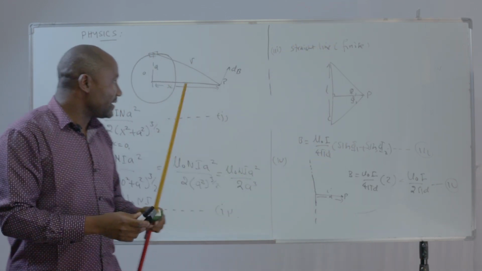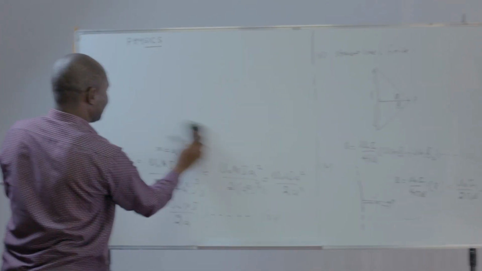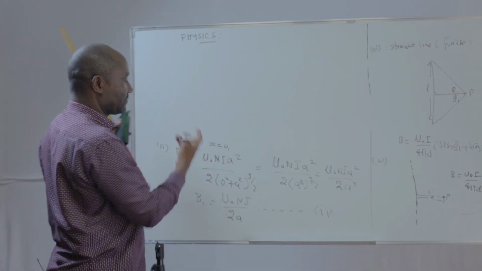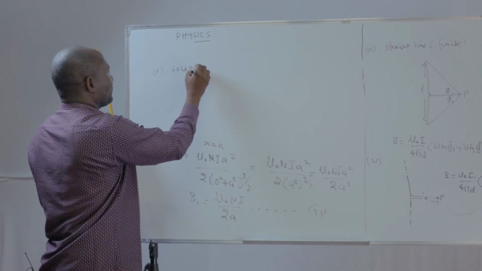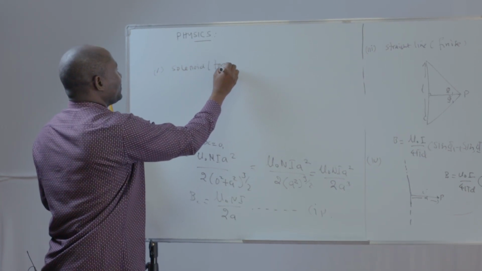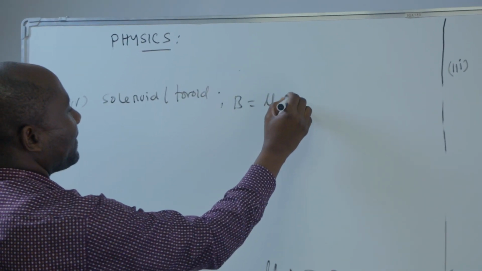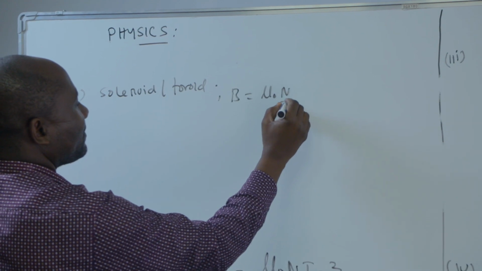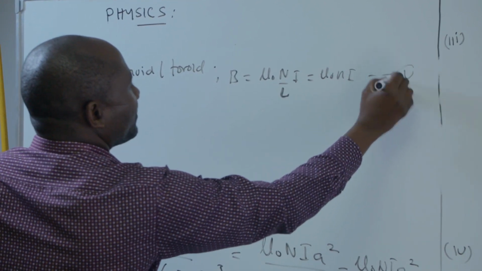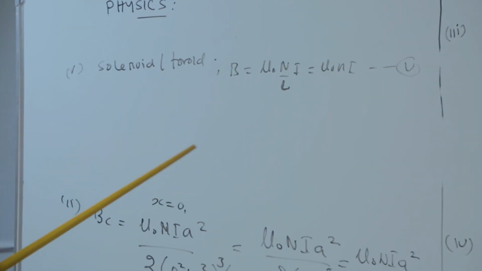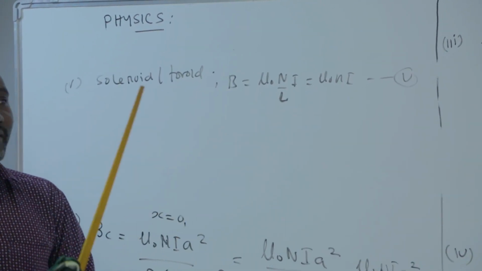And then we have the last part, which is number 5. We talk about the solenoid or toroid. And the formula was B equals mu N over L times I, or equals mu n I with n small. So this is the formula that you use to find the magnetic flux density at the center of a toroid.